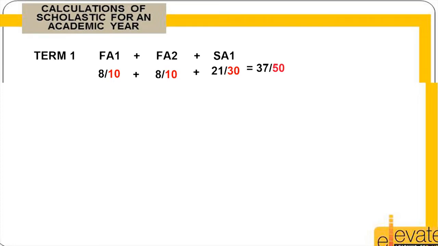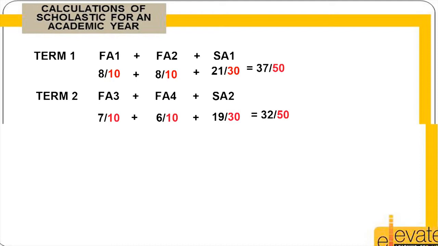This way he gets 37 marks out of 50 for term 1. For term 2, FA3 and FA4, he gets 7 marks out of 10 for FA3. For FA4 he gets 6 marks out of 10, and for SA2 he gets 19 marks out of 30. So this way he gets 32 marks out of 50 for term 2.